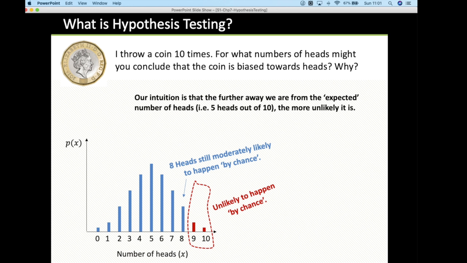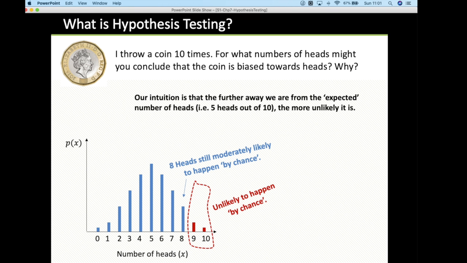So if we were to flick a coin 10 times, the question we're asking is, if I did an experiment, how many times would it have to come up as heads so that I can say that this coin is unbiased? Now, we expect to get 5 heads.